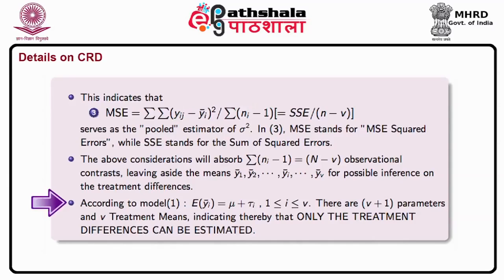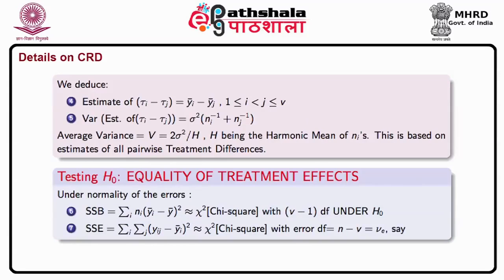These V plus 1 parameters and V treatment means indicate that only treatment differences can be estimated. So, we can deduce the estimate of tau I minus tau j is equal to Yi bar minus Yj bar, where 1 is less or equal to I less than j less or equal to V, and the variance of the estimator of tau I minus tau j is equal to sigma square into 1 by Ni plus 1 by Nj.